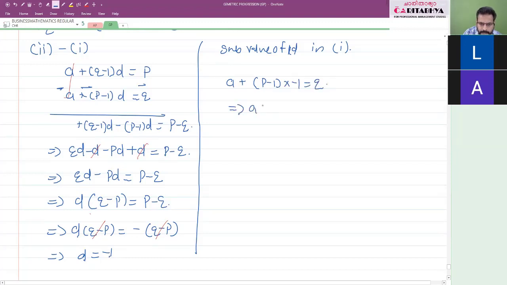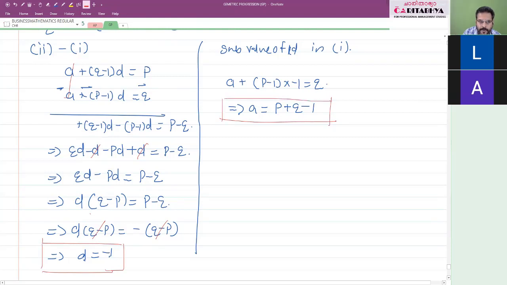That implies a is equal to p plus q minus 1. So multiplying this, minus into minus p is plus p, and minus into minus 1 is plus 1 on the right side. Okay. So a is p plus q minus 1, and d is minus 1.